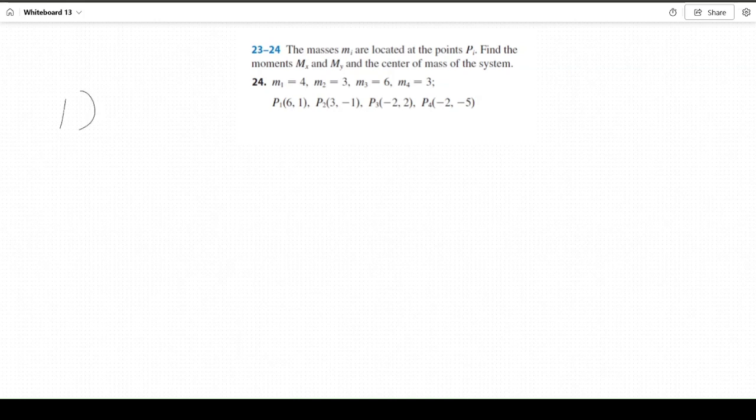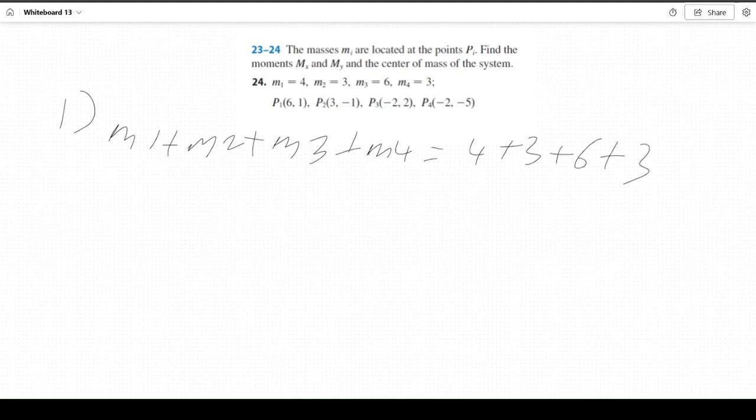M1 plus M2 plus M3 plus M4 equals 4 plus 3 plus 6 plus 3 again. This would be 10 plus 3, which equals 16. So our combined mass is 16.